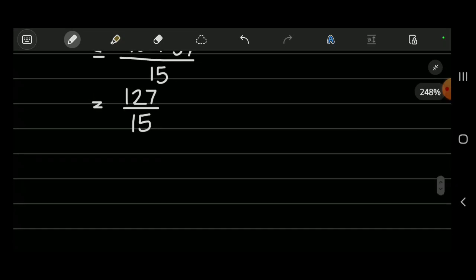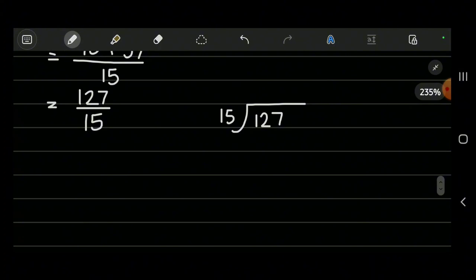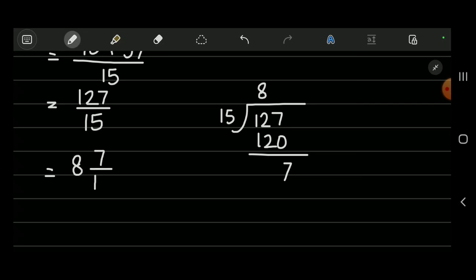Okay, now we have this, but we need the answer in mixed fractions. 15 times 8 would be 120, 7 is left, so the quotient is 8 and the answer is 8 7 over 15.